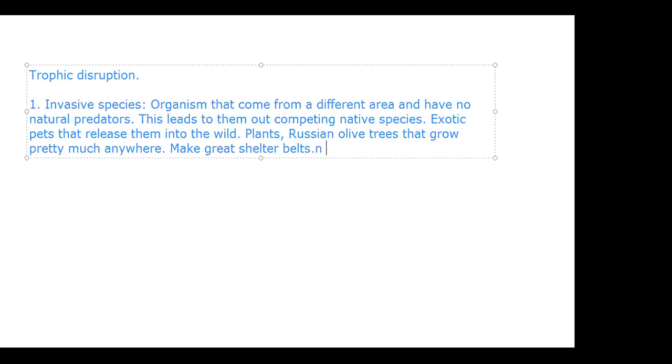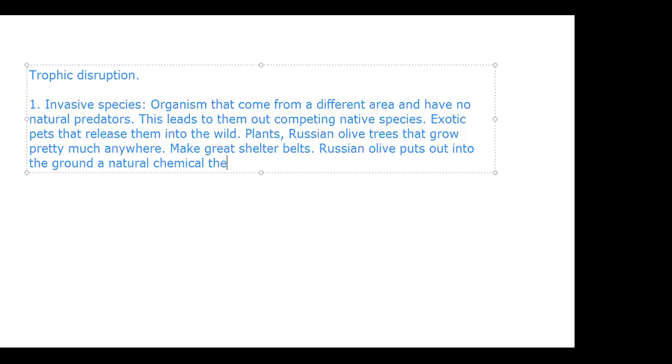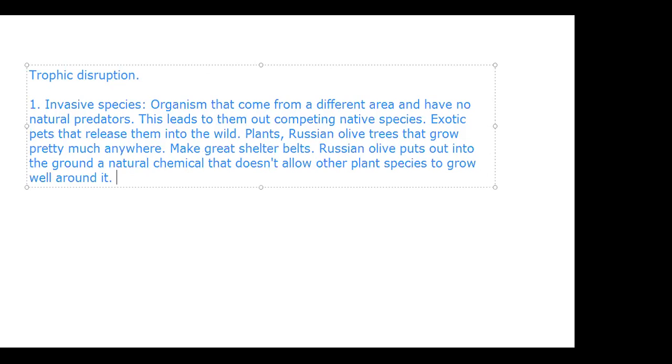Okay, now the thing about Russian olives that we didn't know is Russian olive puts out into the ground a natural chemical that doesn't allow other plant species to grow well around it. Okay, and also the leaf litter, so the leaves that these Russian olives make, they'll get dispersed, whether it's in the streams or on the ground around it or potentially further away from it.